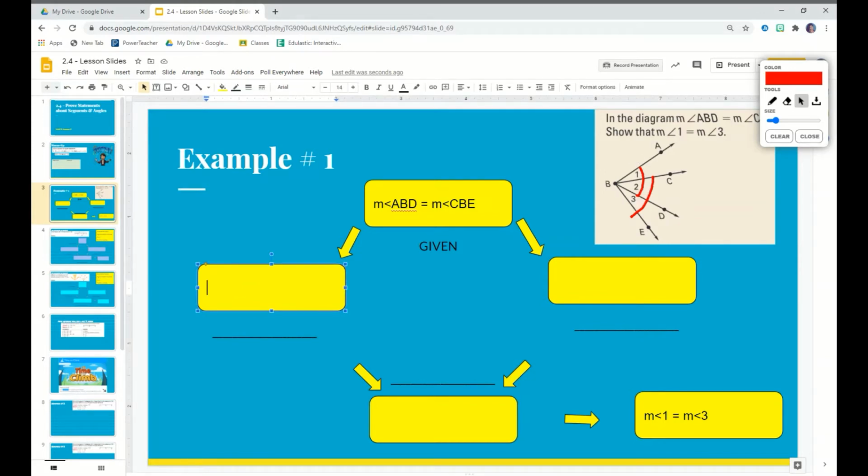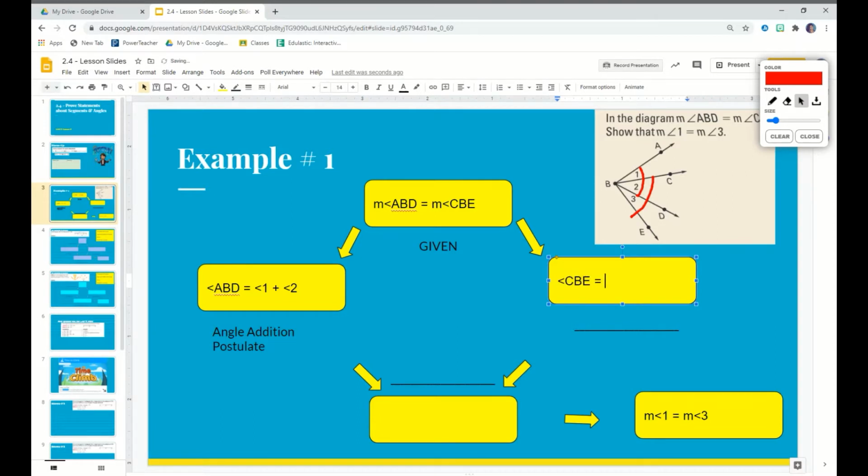So from here, well, we have angles, and if you notice, ABD is actually in the picture, it's made up of 1 and 2. So there is a postulate that we can use here to rewrite. So we can rewrite ABD as equal to angle 1 plus angle 2.